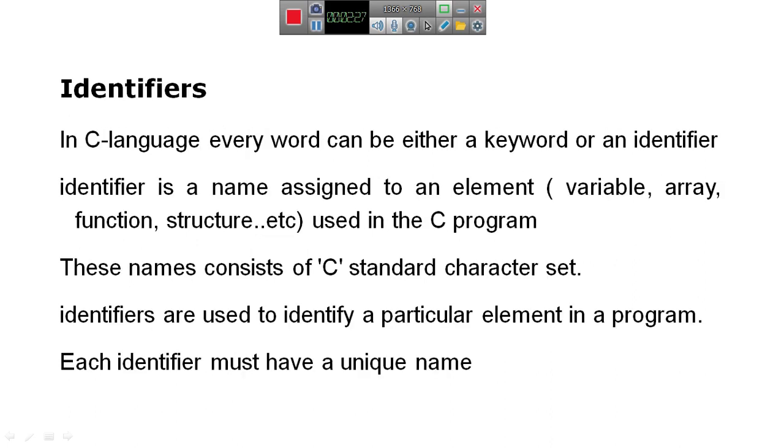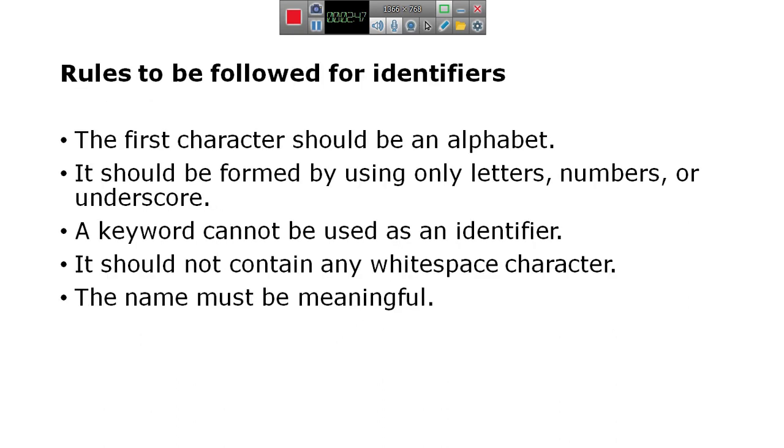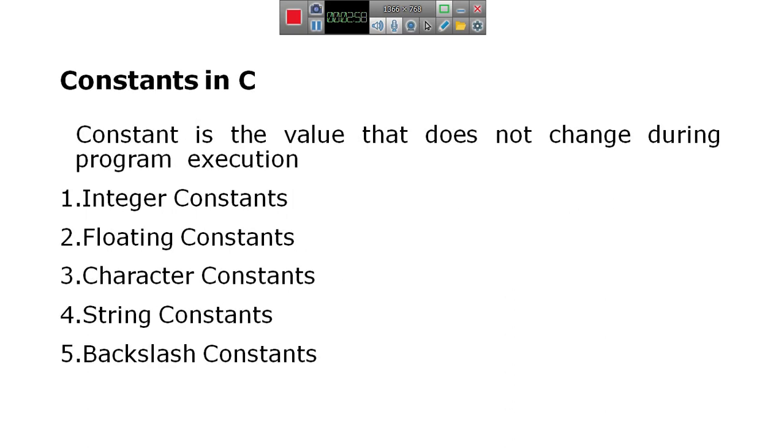An identifier is nothing but a name to identify something. It is a name of a variable, a constant, a function, or a structure, that is a user-defined data type, etc. There are some rules to be followed for naming identifiers.